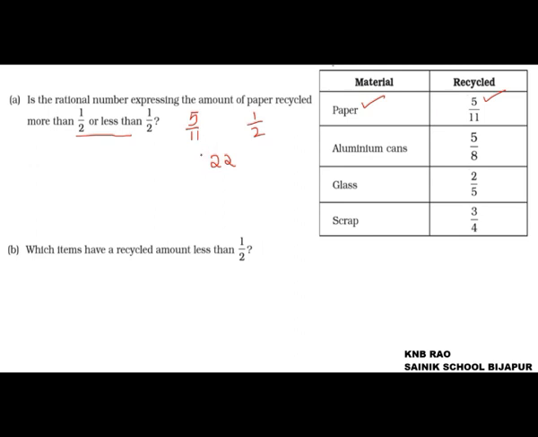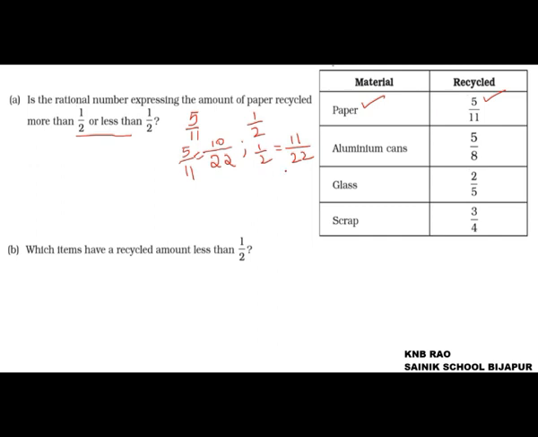Now you can compare, writing 5 by 11 as 10 by 22, writing 1 by 2 with the denominator 22 gives 11 by 22.